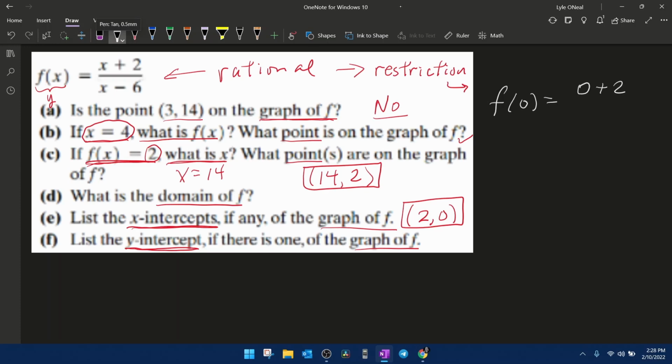Replacing every x with 0, f of 0 is going to be 2 over negative 6, which reduces to negative 1/3. And remember, this value is your y. That is the y coordinate of the y-intercept. Written as an ordered pair, 0, comma, negative 1/3. And there is only one y-intercept here.